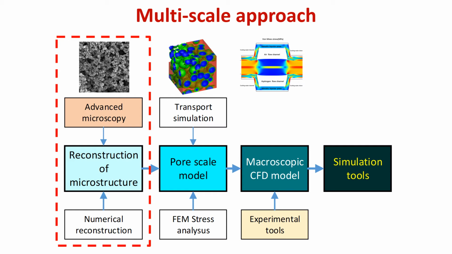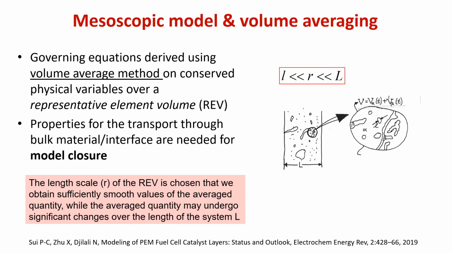So with experimental validation on the macroscopic models, we have then developed simulation tools for material design and screening, which can help component or system design. The basic idea of mesoscopic modeling is to obtain the effective transport properties of a porous medium, such as what's shown on the right image.